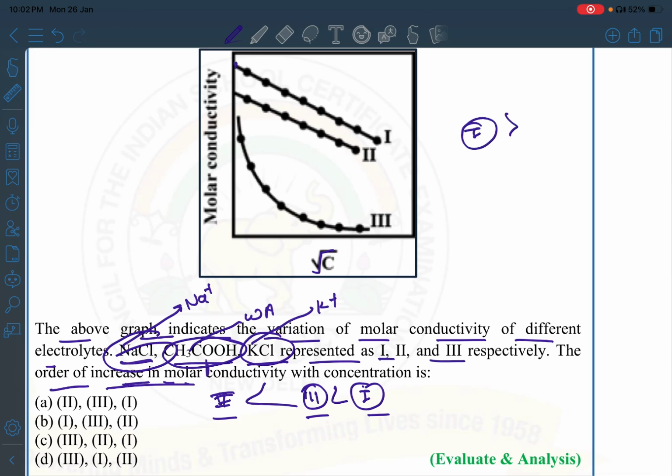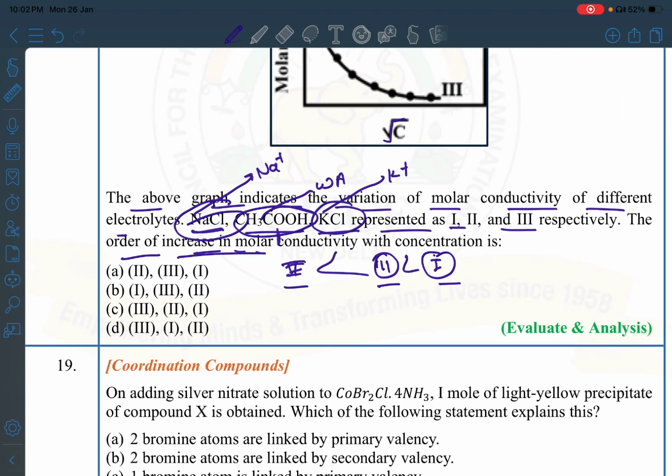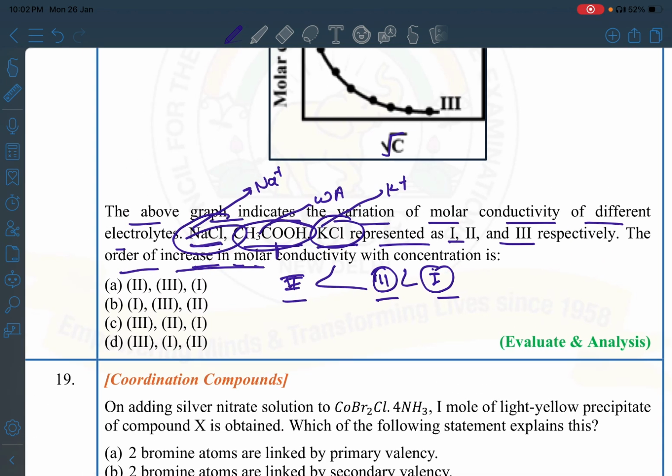And after the first one, the second one, and after the second one, the third one, from the graph. So it will be first, second, third. The increasing order is the opposite: third, second, first. So option number C, third, second, and first.